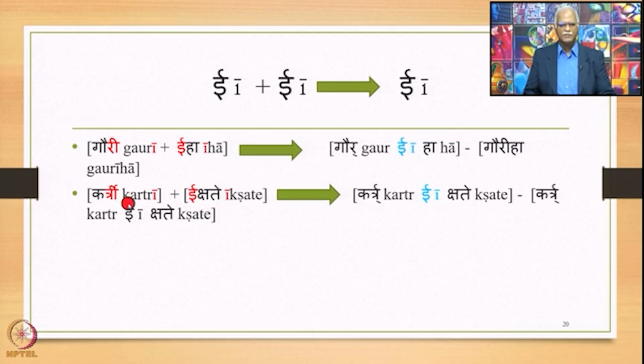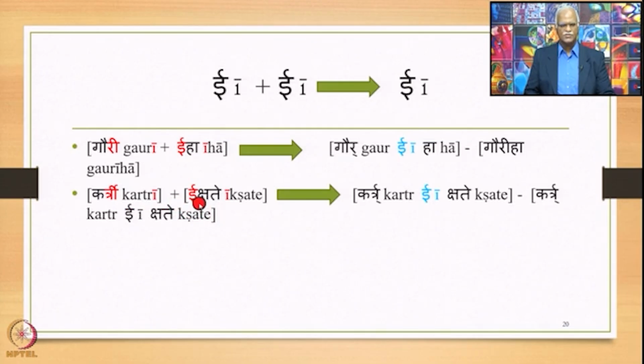If you count the matras, the time span needed for pronunciation of both these vowels, this long E needs 2 matras as far as the traditional calculation is concerned, and this long E also requires 2 matras for its pronunciation. So put together there are 4 matras of substituent, and ideally we would need a substitute to match both of them of 4 matra length.